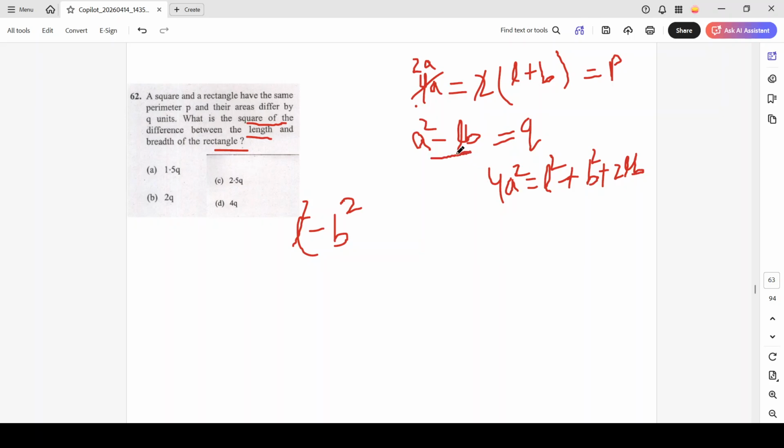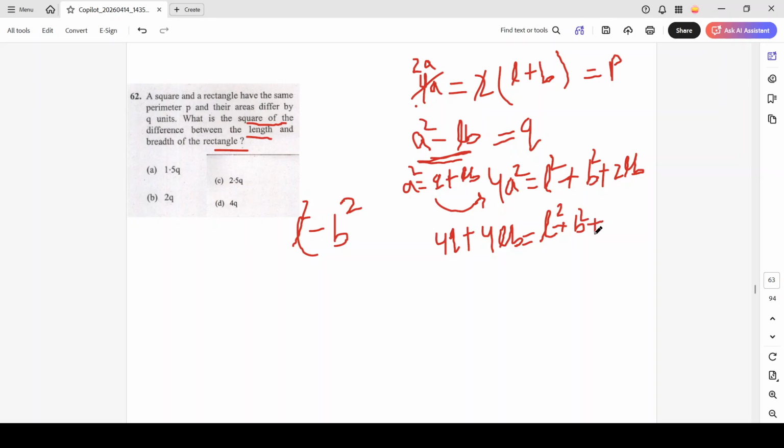Okay, if we see here, A square is what? Q plus LB. So if we put A square in here, we get 4Q plus 4LB is equal to L square plus B square plus 2LB.